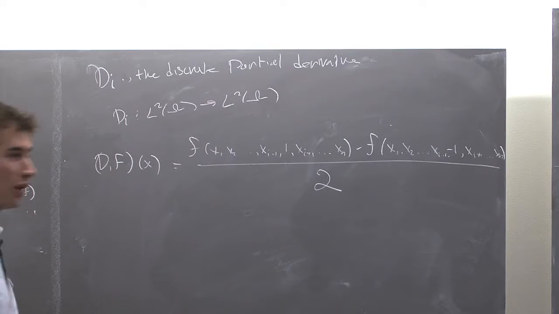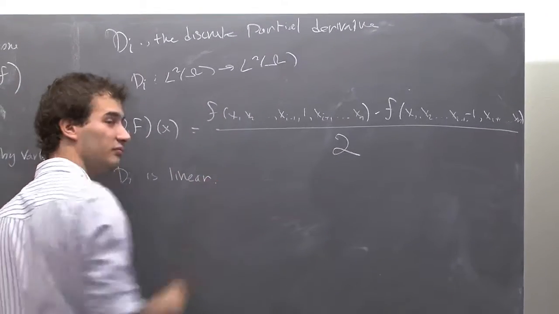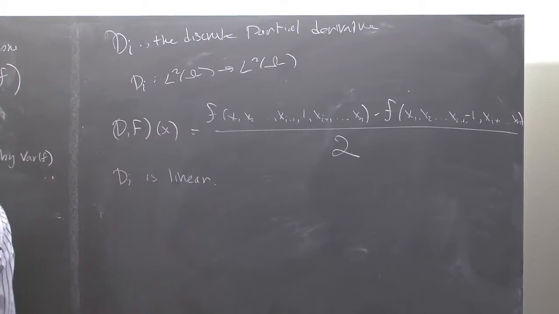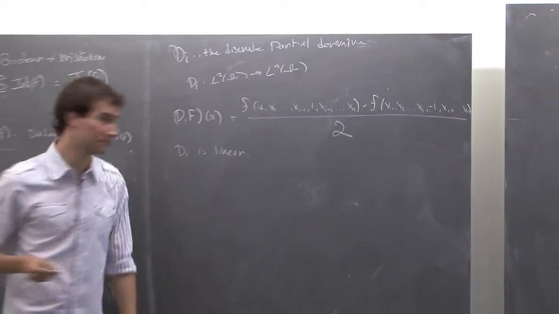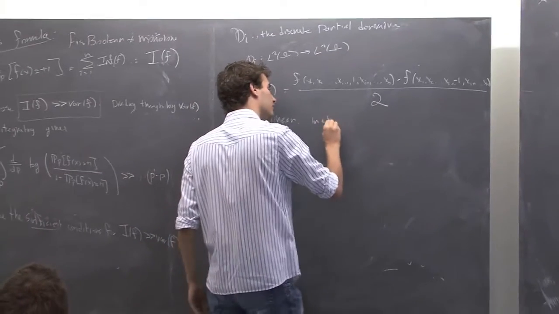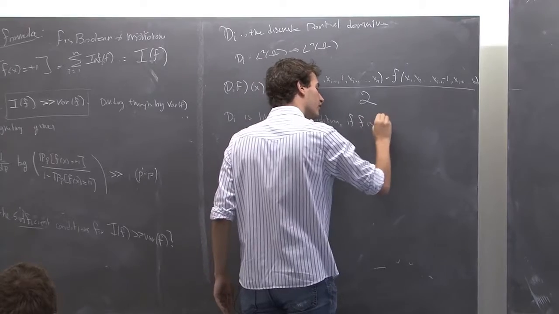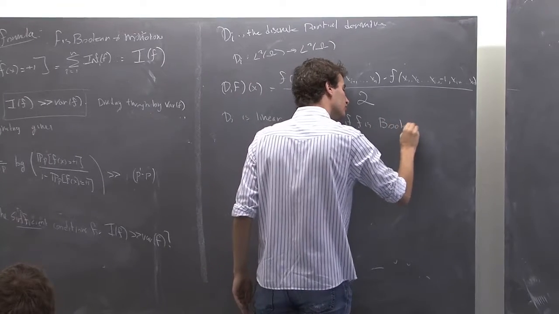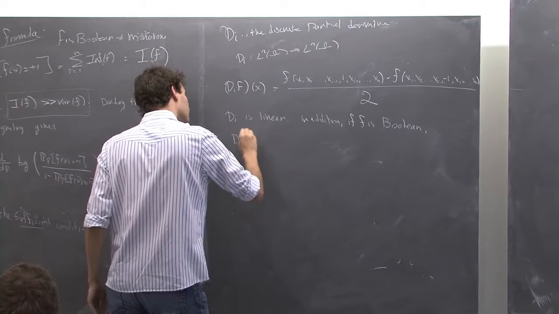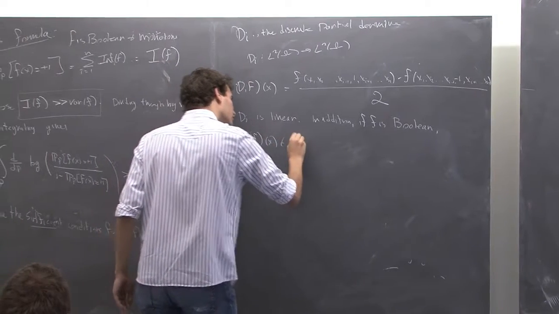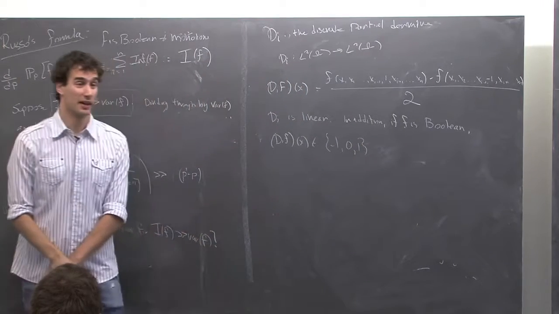So note that d_i is linear. Take two functions, multiply functions, everything is safe. It's a linear functional from L2 of omega to L2 of omega. In addition, if f is Boolean, then it can only take on three values: -1, 0, or 1.